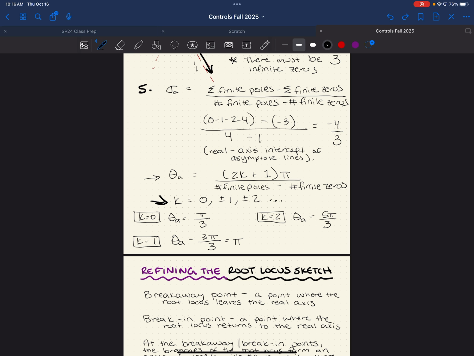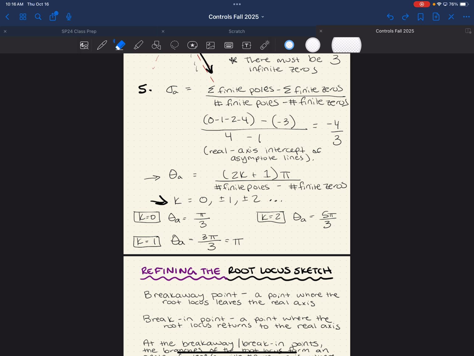But you just keep plugging in values of k until you have the number of asymptotes that you know you need based on the number of infinite zeros that you know you have. Cool? So would you always go to 0, 1, and 2? Yes, you always start at 0 and then you increase by integers until you have the number that you need.